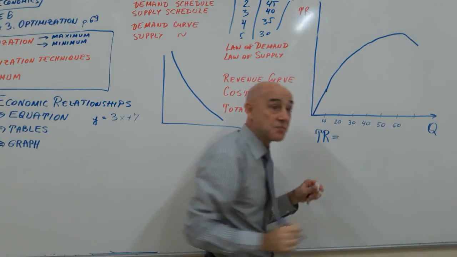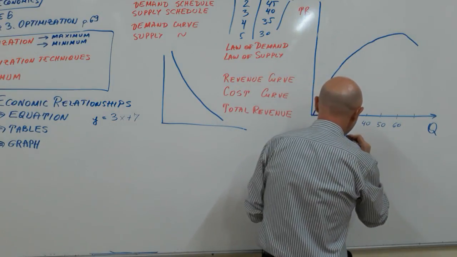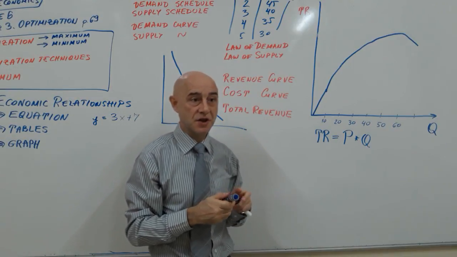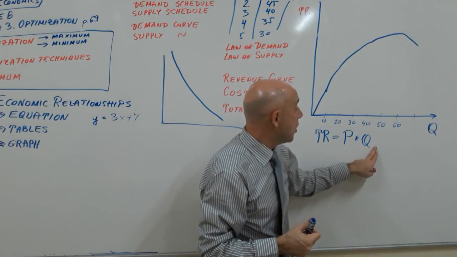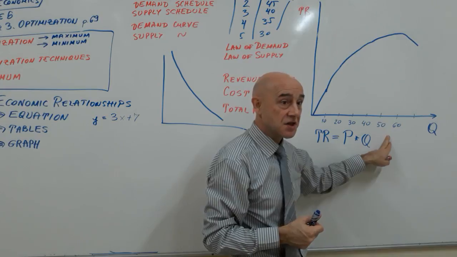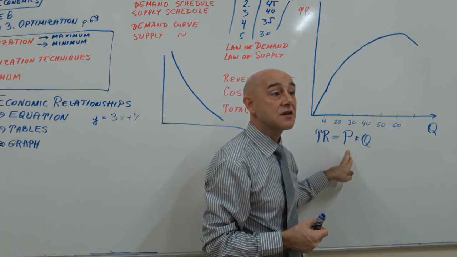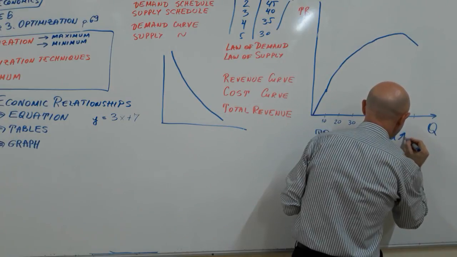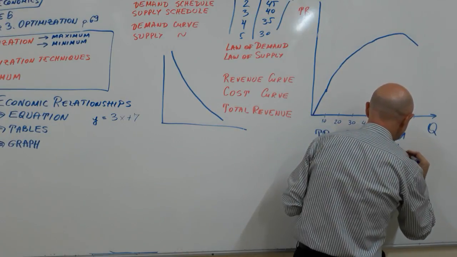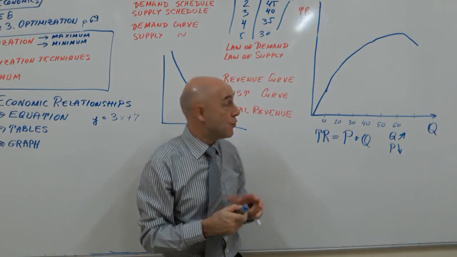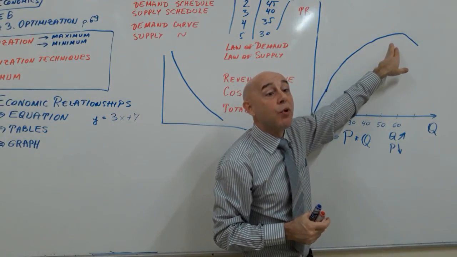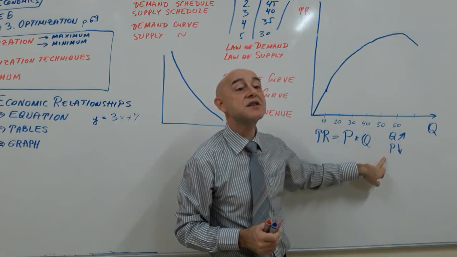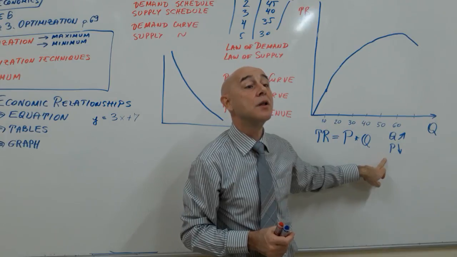TR is simply the price multiplied by quantity, okay? And if quantity increases, price decreases. So, if quantity goes up, it must be that the price goes down. Well, at one point, to increase quantity a little bit, the price falls down a lot.